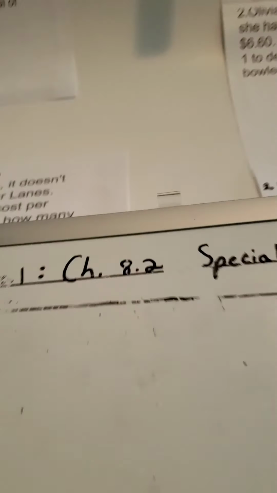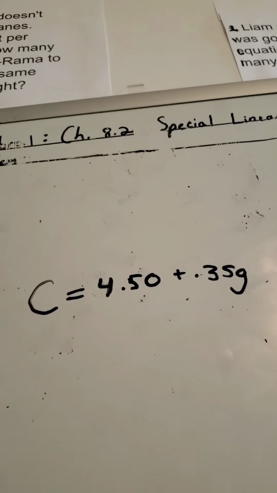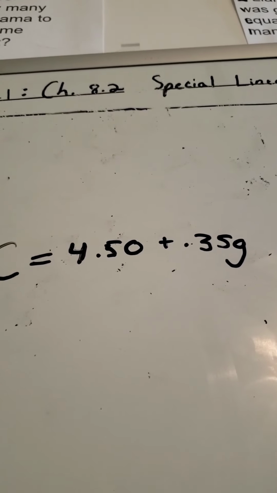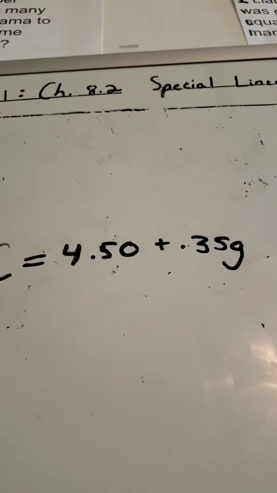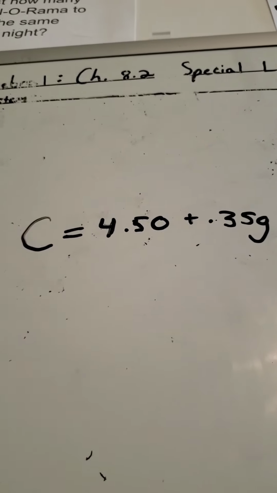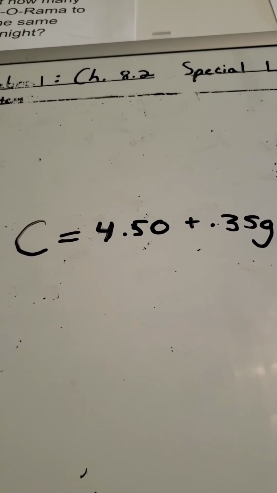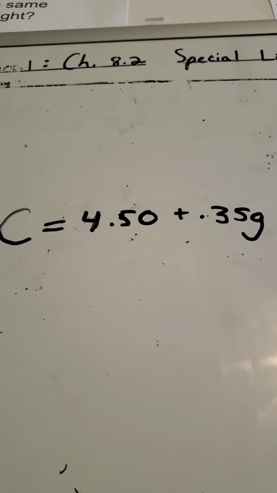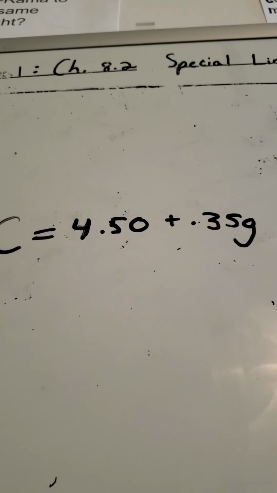And just to get you started, that equation is C equals $4.50 plus 35 cents times G. In other words, the total cost equals the cover charge of $4.50 plus 35 cents per game.